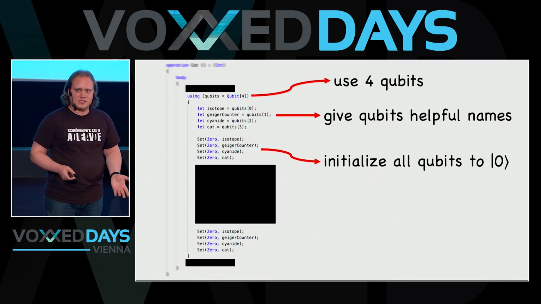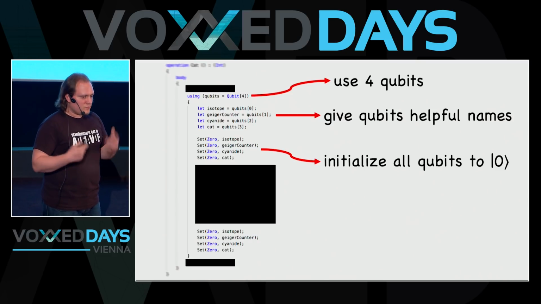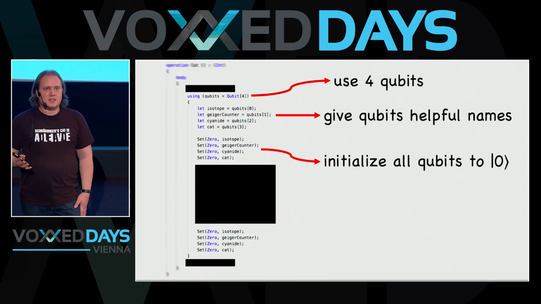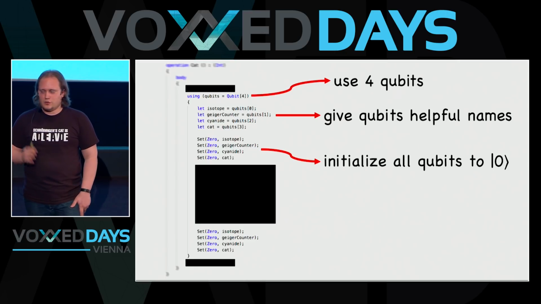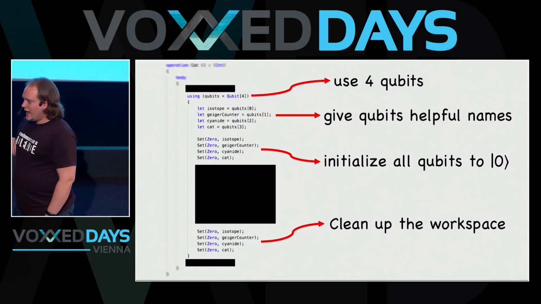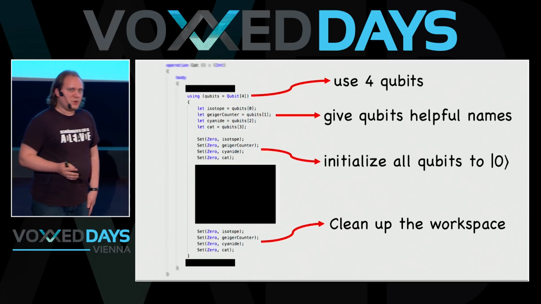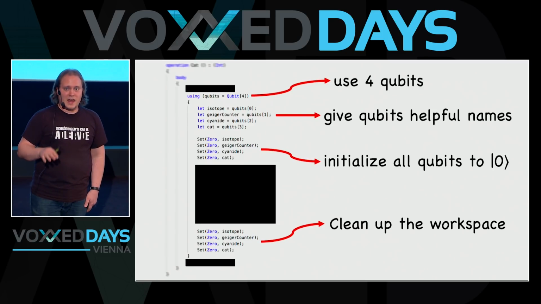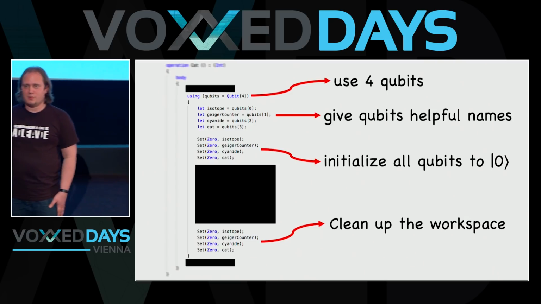We want to make sure that right at the beginning we start with a known state. So 0 is our best bet, which is, by the way, something that the Quantum Experience did automatically for us. We didn't have to do that manually. And after we've finished, we have to make sure it's cleaned up again. This is a requirement by the language. We have to clean up behind ourselves.